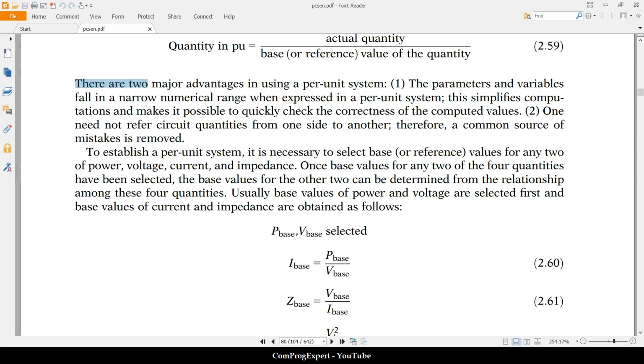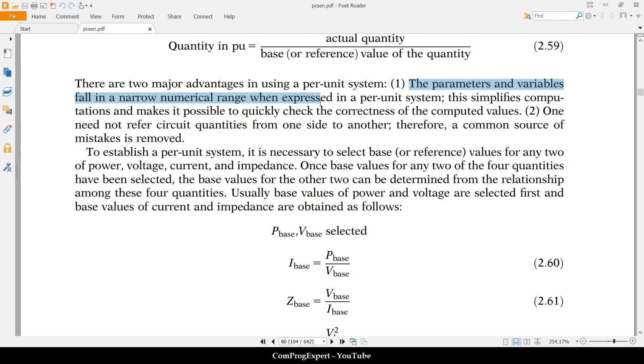There are two major advantages in using a per unit system. 1. The parameters and variables fall in a narrow numerical range. Yes, close to 1.